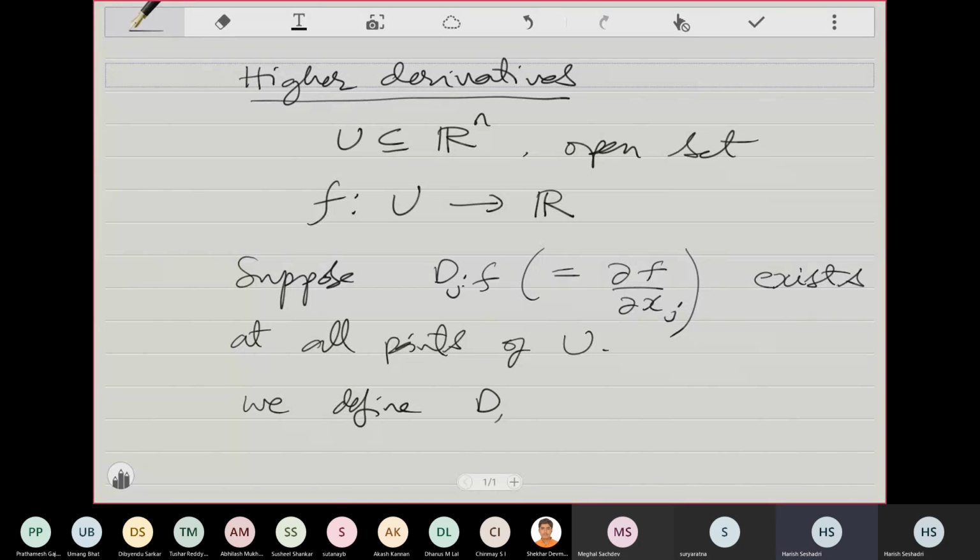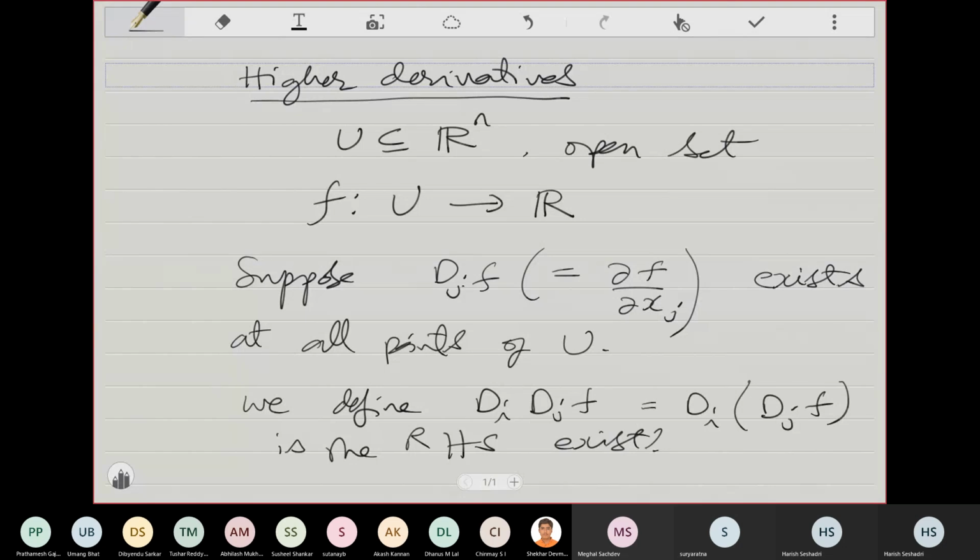Now we define D_i D_j f equal to D_i of D_j f, if the right hand side exists. This is just notation. I'm just defining this notation.